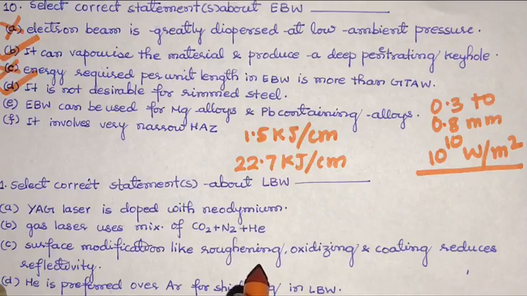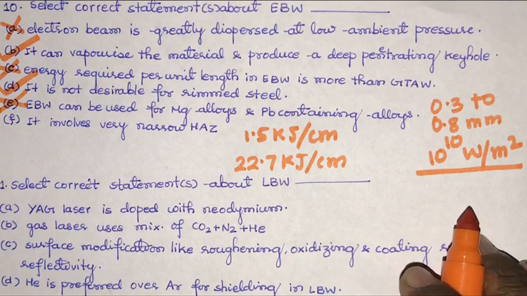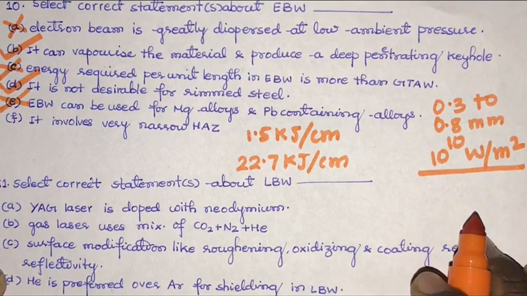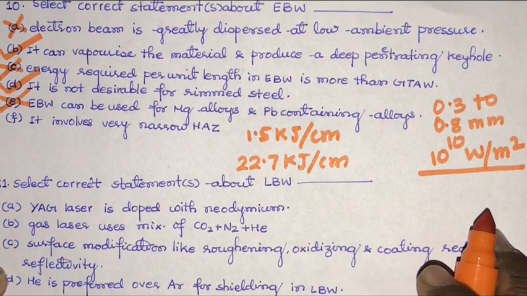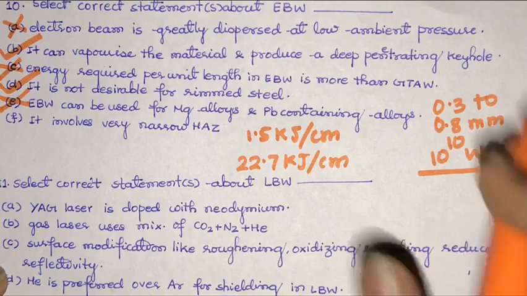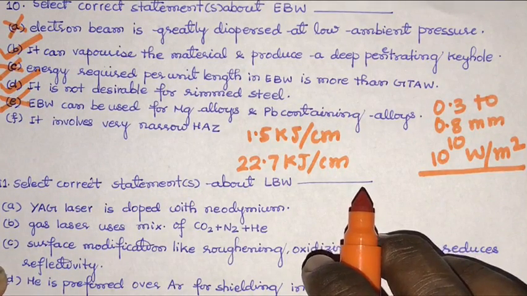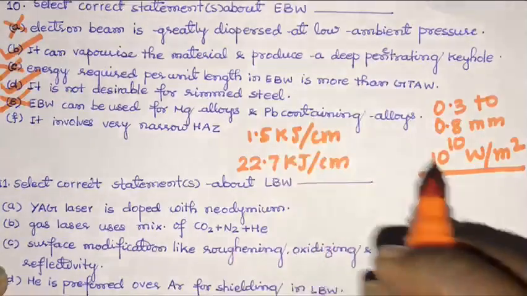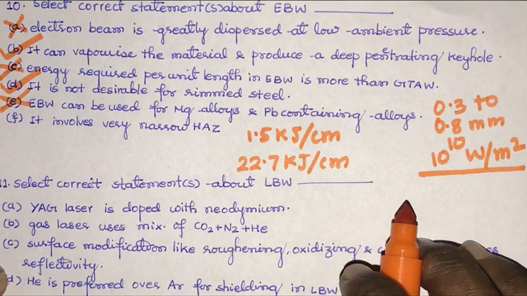So this is incorrect, because electron beam welding is done in vacuum to avoid the dispersion of the electron beam. In the previous statement we have seen that if the pressure is high, there is more dispersion of the electron beam, and if the pressure is low, the dispersion is very low. So for better welding, we use vacuum in electron beam welding.